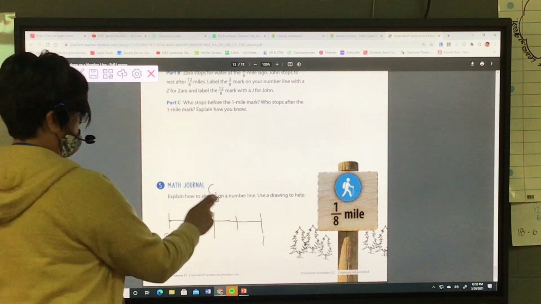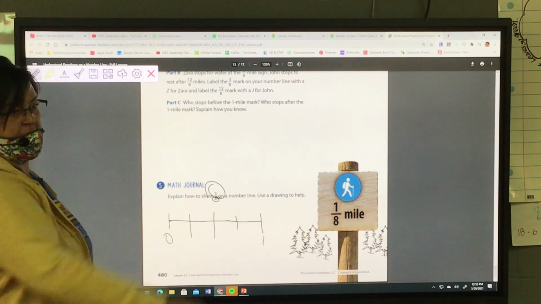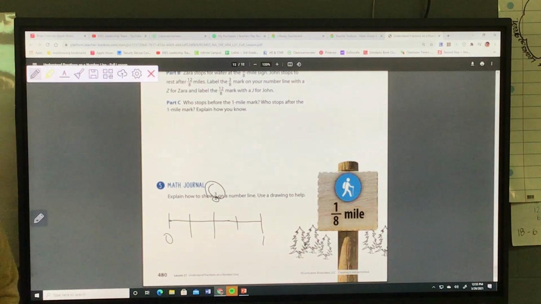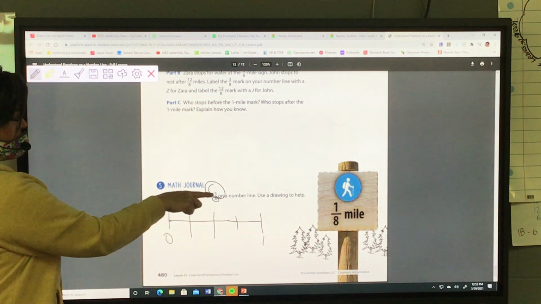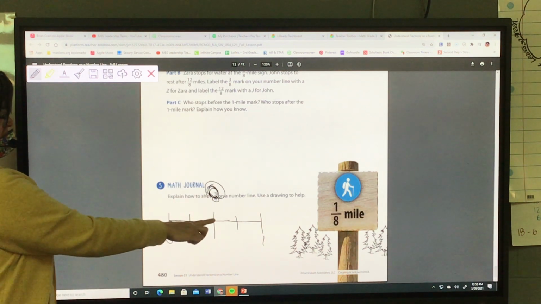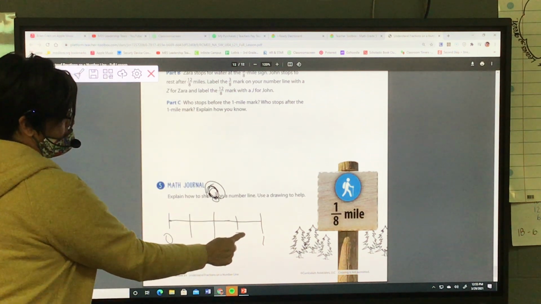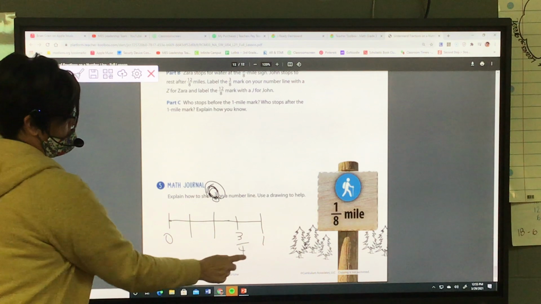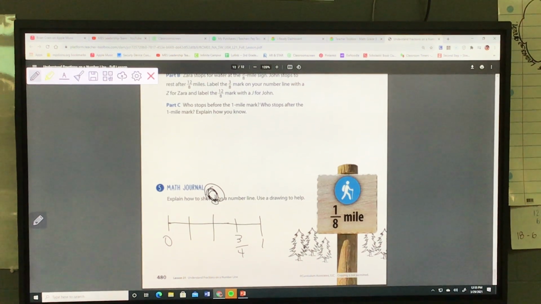So the top number here, our numerator, tells us how many we'd be counting across since we're having to label it. So count with me, how many? 3. 1, 2, 3. So what am I going to label here? 3/4. Okay. All right. Do me a favor and put that in your mailbox.